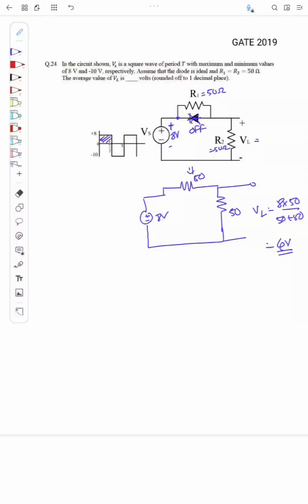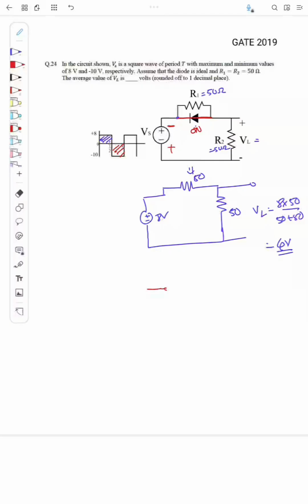Now we'll see what happens during the negative half cycle. During the negative half cycle, this will be minus and this will be plus. Since this is minus, this diode will now be on. It will be directly connected since it's ideal, so we can redraw that circuit.